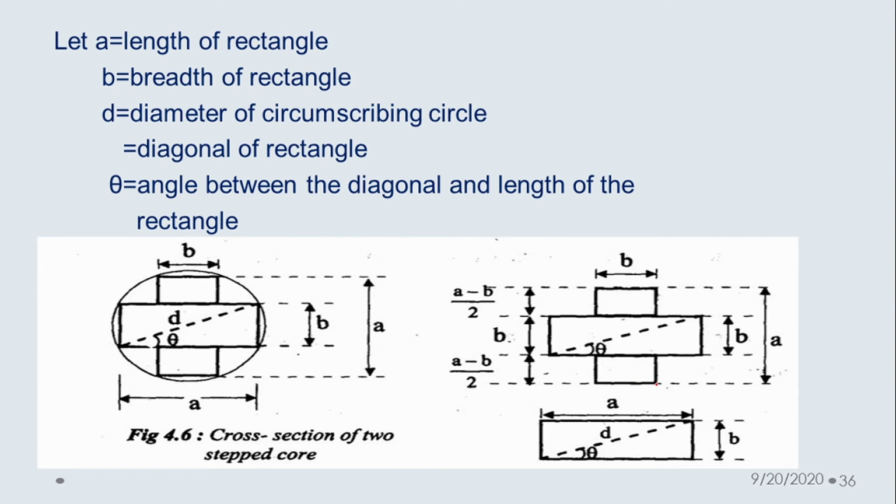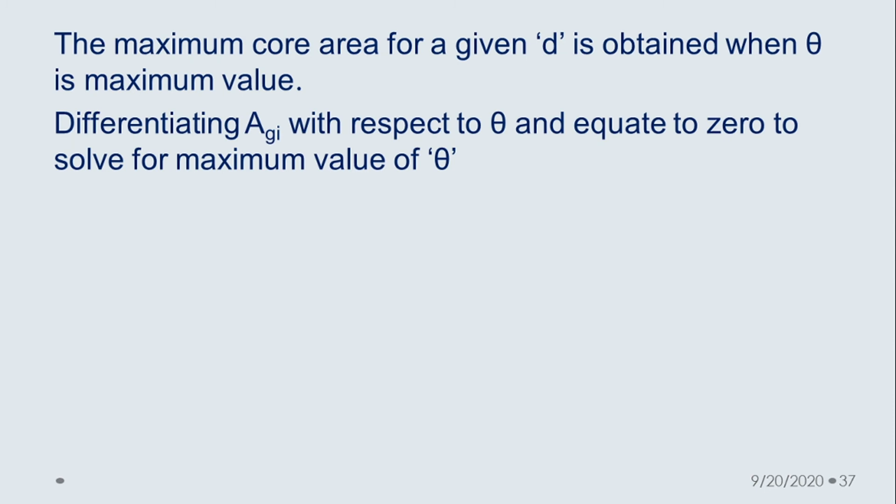So this is A and this is B, and the angle is theta. This is (A minus B) by 2 on each side. So remember this figure. This derivation is important, as is the comparison of square core and cruciform core. Now the maximum core area for a given D is obtained when theta value is maximum.